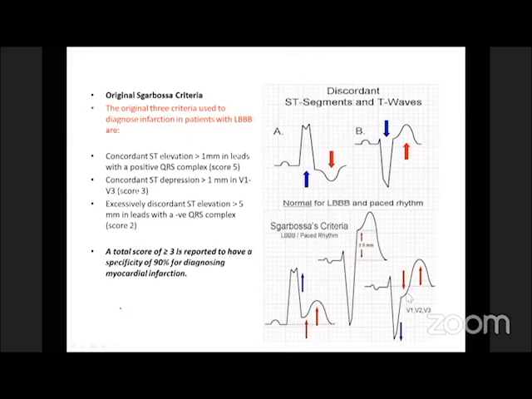And if you have discordant ST elevation more than 5 millimeter, this is a Sgarbossa criteria. A total score of more than 3 is reported to have specificity of 90% for diagnosis of myocardial infarction.